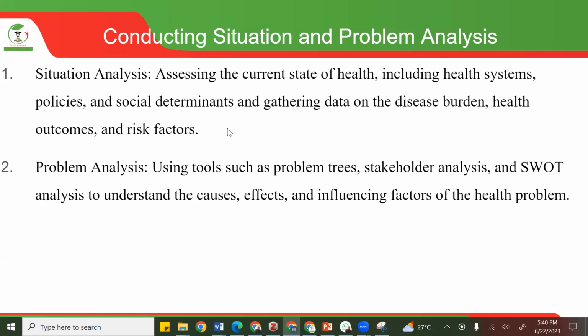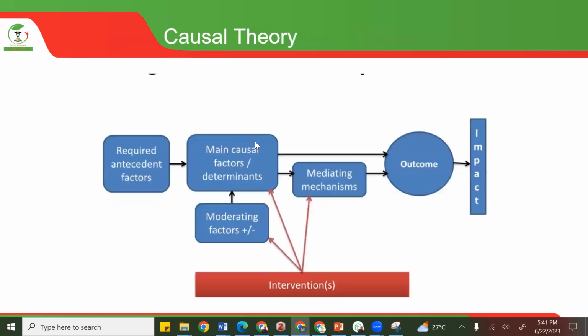You basically have a comprehensive picture of the health status of the given community after conducting a spatial analysis. You can also use tools such as the problem tree, stakeholder analysis, and SWOT analysis to understand the other factors that are associated with the health problem, the causes, the effects, and the factors that could be mediating, aggravating the problem. This is very important.